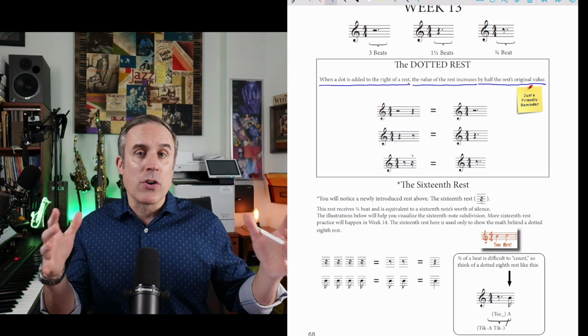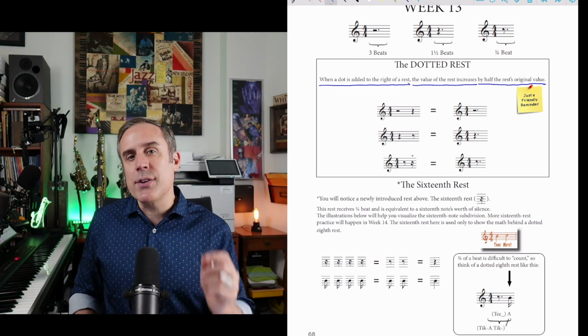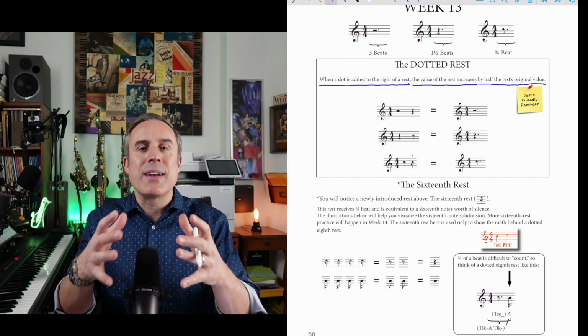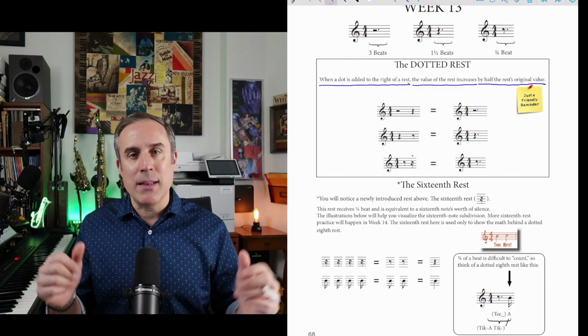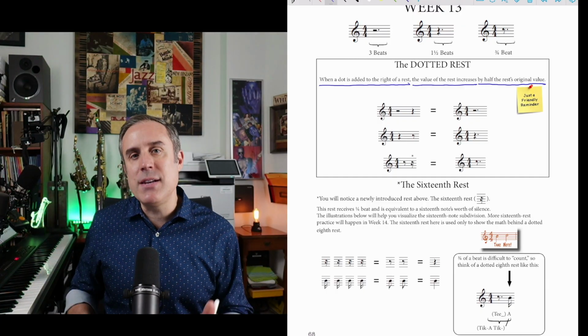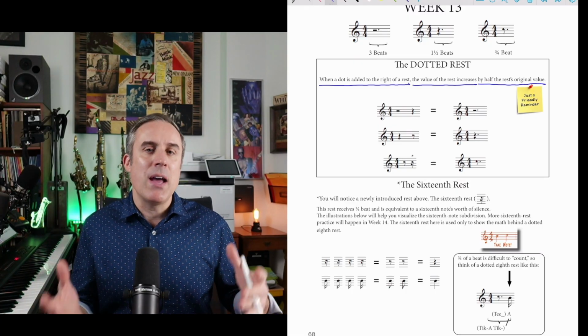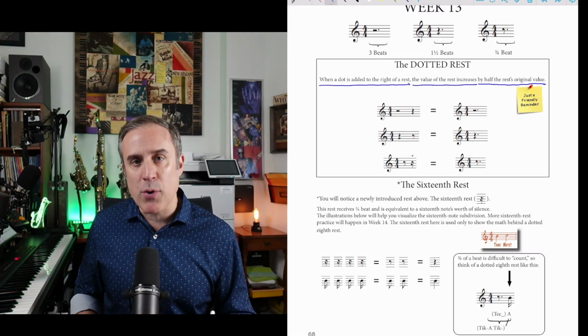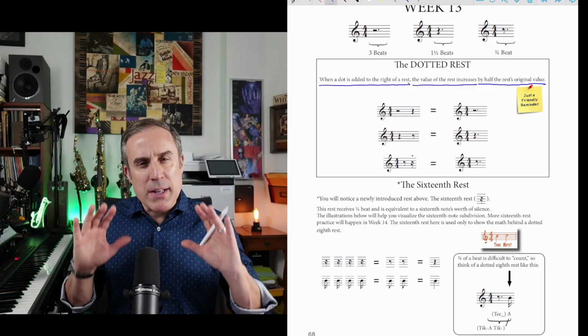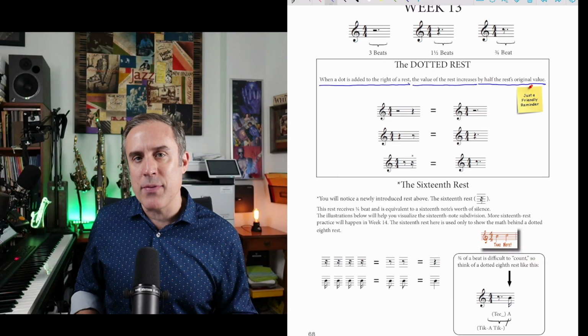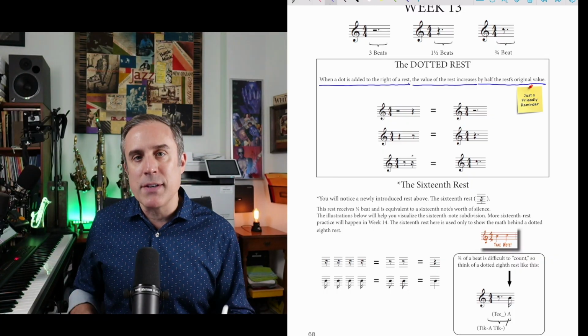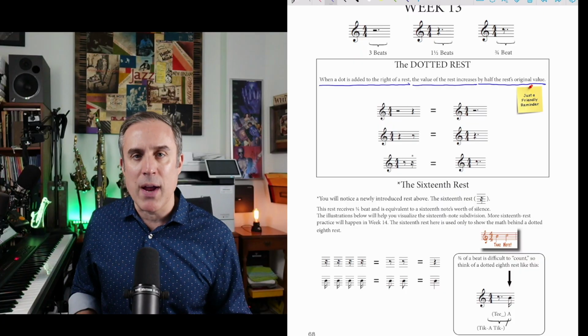So we're getting a longer sound. Well, when it's placed to the right-hand side of a rest, we're extending the silence. And that's the main difference between dotted notes and dotted rests. I know that's probably pretty logical and makes a lot of sense, but it's important for us to wrap our heads around this conceptually before we dive into the math of each one of these rests.